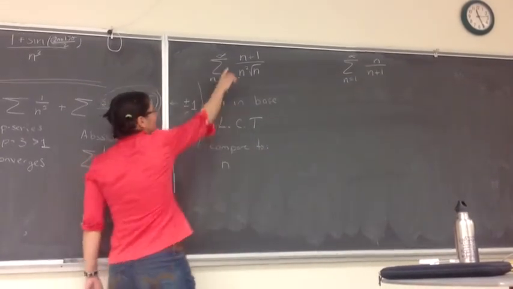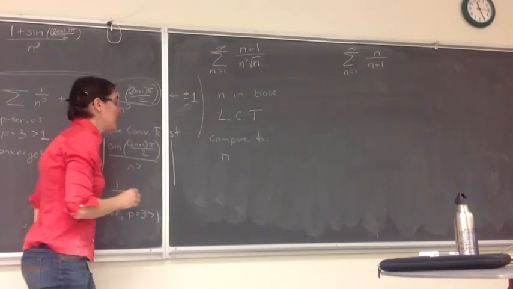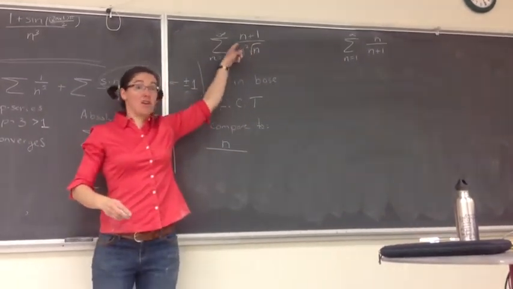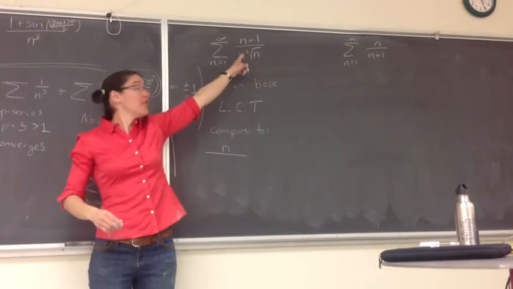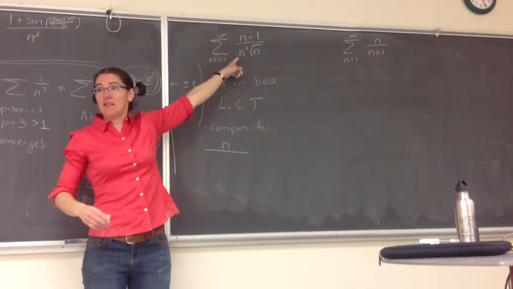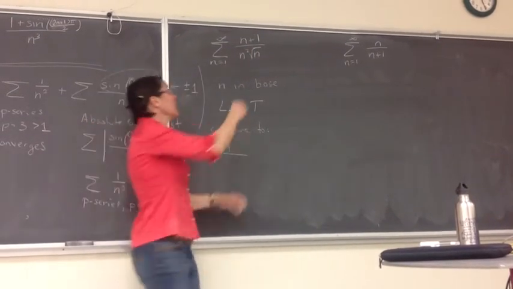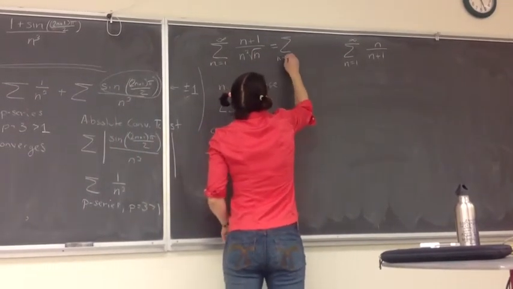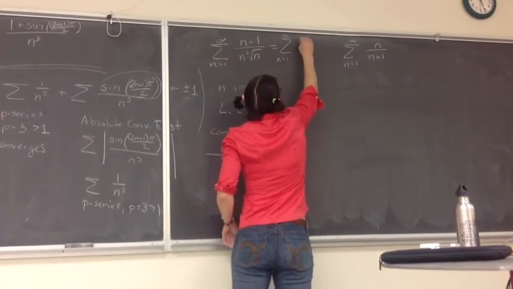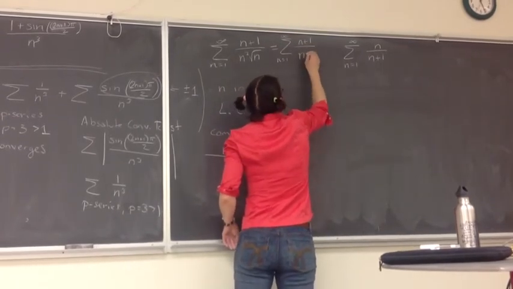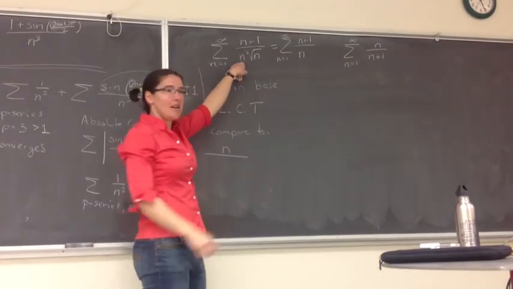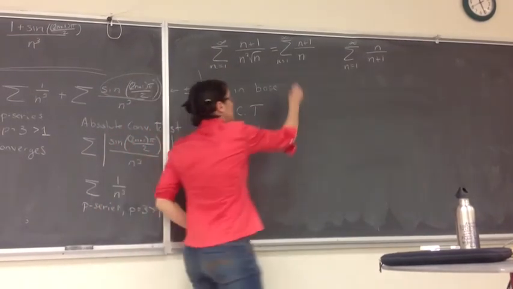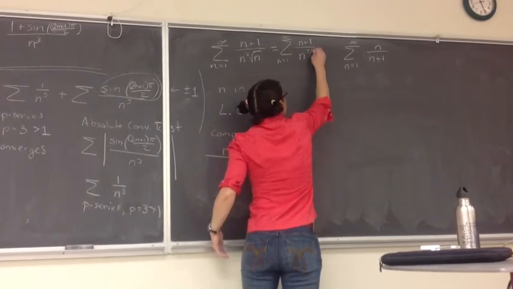let's see, I'm going to take my biggest power in the top, and in the bottom I only have one term. Now, that denominator, that n squared times the square root of n, I should probably rewrite that. So this is really the series, which is the sum where n goes from 1 up to infinity, of n plus 1 over n squared times n to the 1/2, and so if I add those powers, I get n to the 5/2.